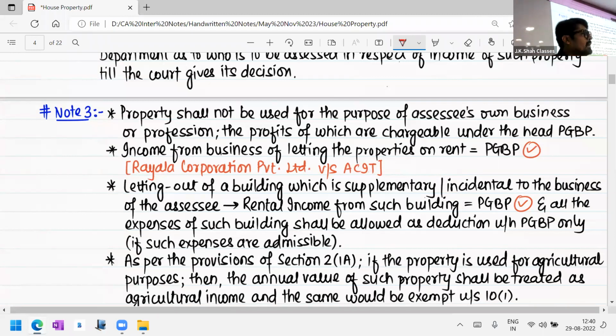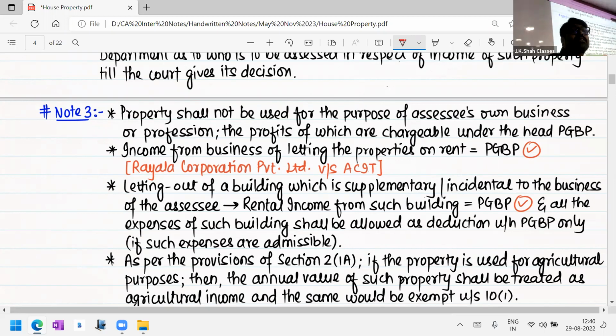Understood now? Now what I am doing, I am having many properties, and I am in the business only of letting them on rent and earning rent. So my primary intention is not to exploit the rent earning capacity. The primary intention is to do a business of letting the properties on rent and earning the rent.